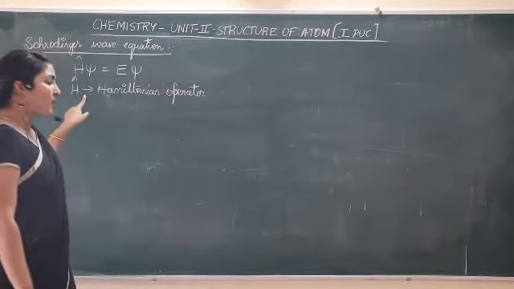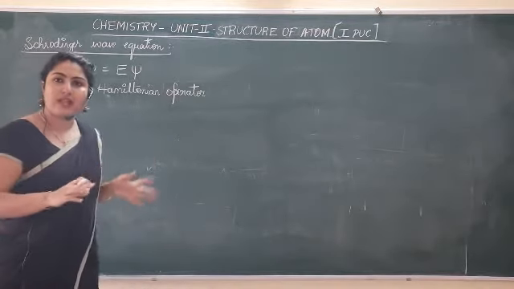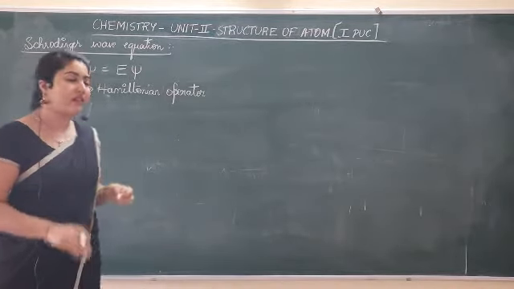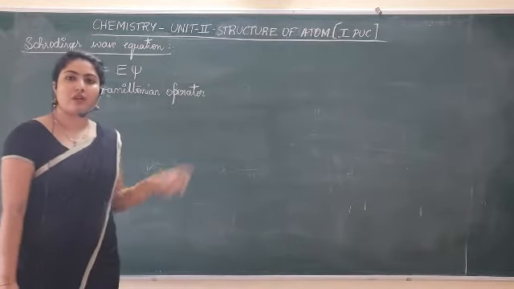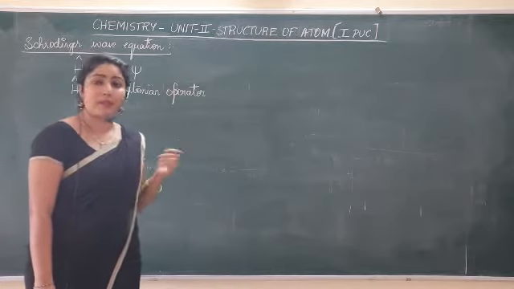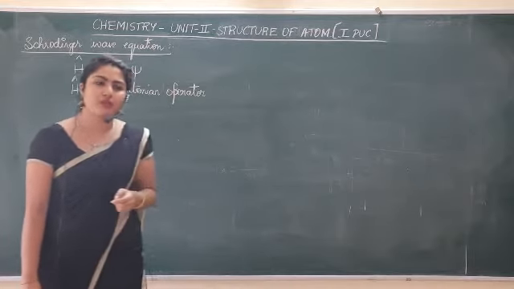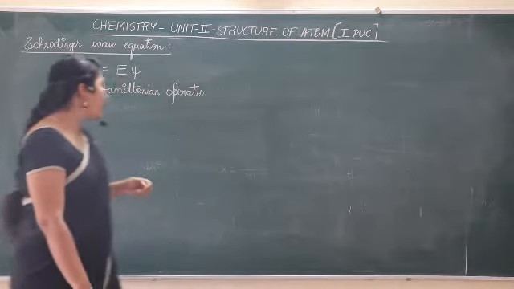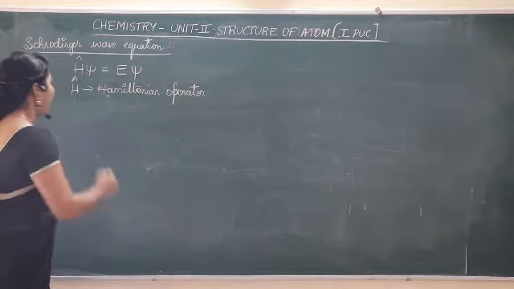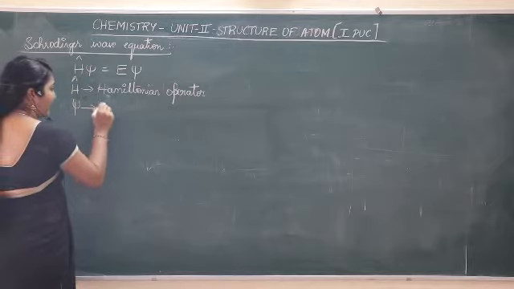We are not going to study the derivation of it, just the derived expression. H cap is the Hamiltonian operator, which is a mathematical operator. You will be studying about scalars and vectors, and there you will know about it. Then psi is called the wave function.